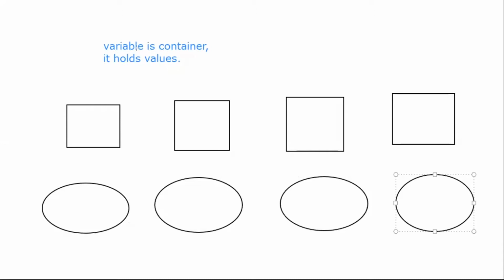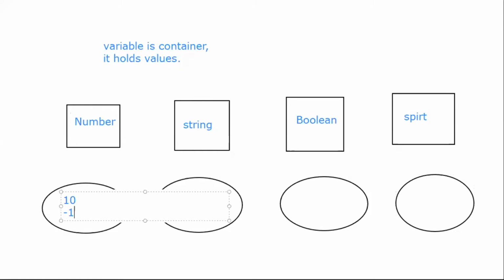So here, see what is the first thing: numeric data. Number we can call it. What is the second thing? String. What is the third thing? Boolean. The fourth one, sprite. These are the values. In number, the best examples are 10 or -2, like that.